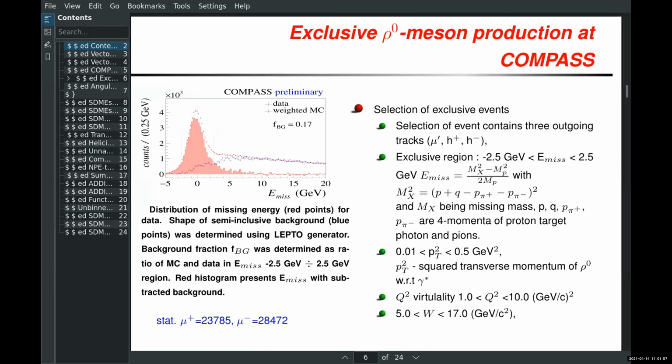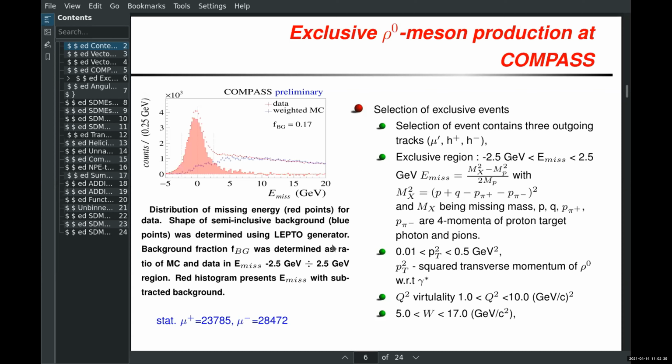Next, in order to determine the SDME, we should select the exclusive region. It was done in several steps. First we select the events which contain three outgoing tracks, mu prime and two hadrons with opposite charges, and we determine the exclusive region by the undetected mass.